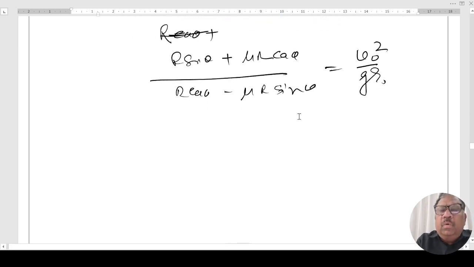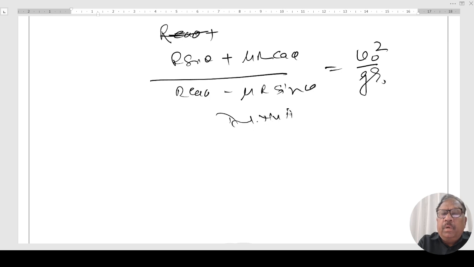Right? R cancels, dividing numerator and denominator by cos theta, because in the answer tan theta is given to you, we have to divide it.